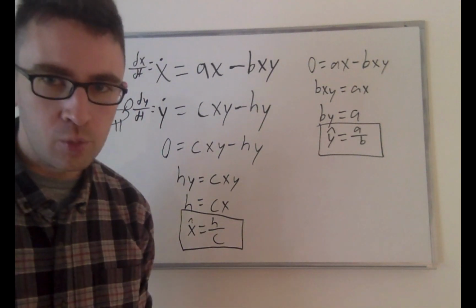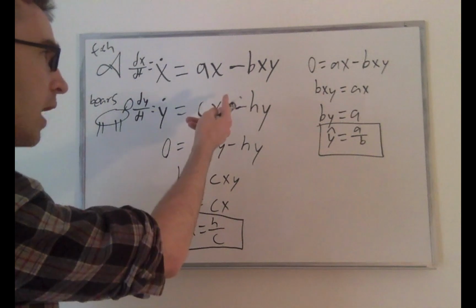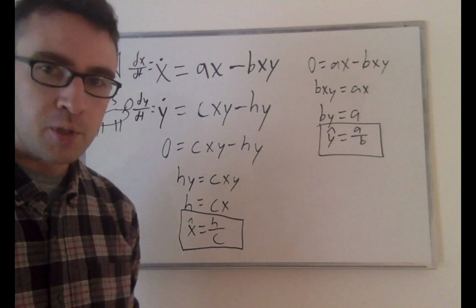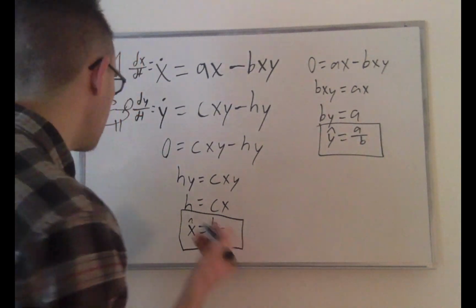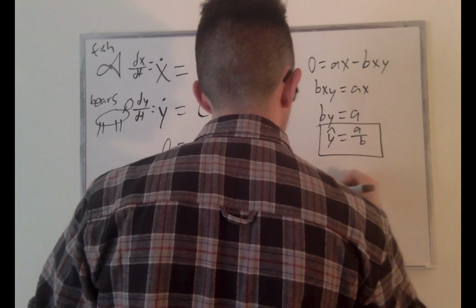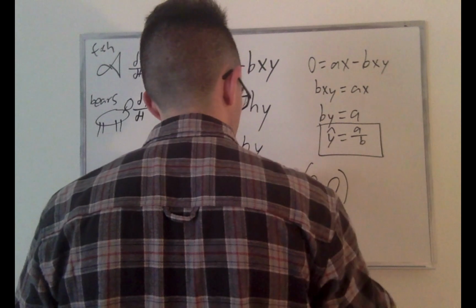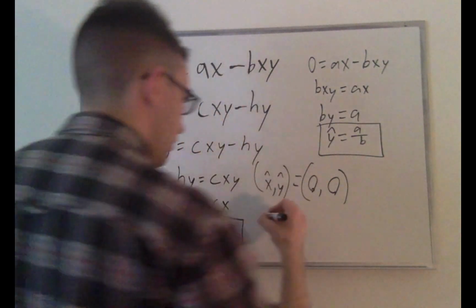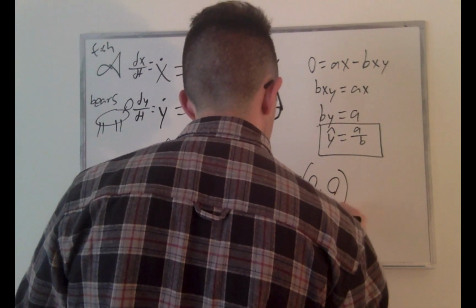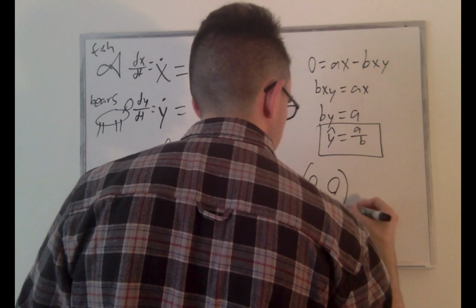But that's a trivial point because, of course, in this model, if we don't have either species, that's going to be an equilibrium. That's not really what we're interested in, but I'll note it here for completeness. I'll put 0, 0. So one of them is 0, 0, and the other one is h over c and a over b.